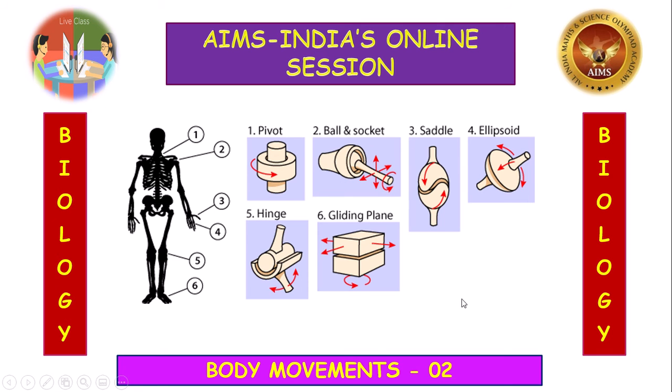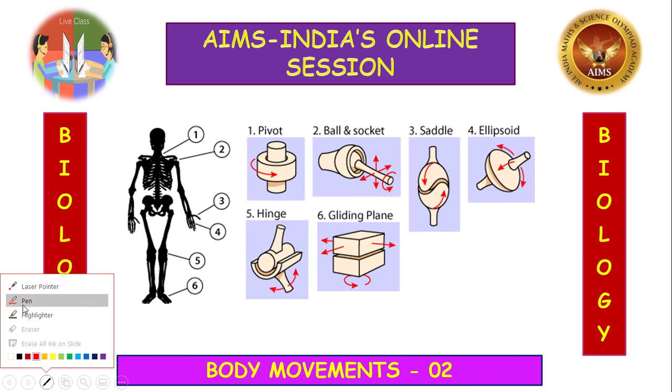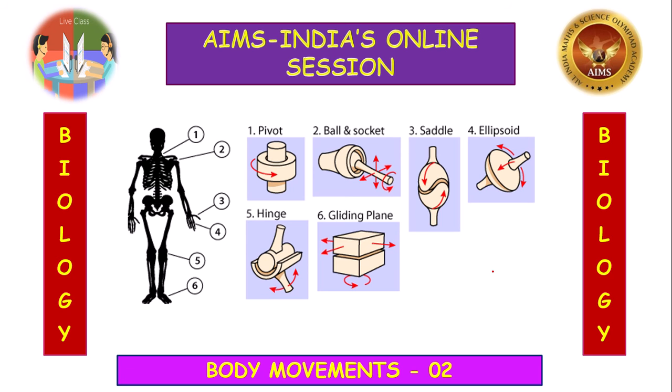Okay children, so like this we are going to discuss the different kinds of joints present in our skeleton, which make movement possible. In yesterday's class we understood that it is possible to bend a bone or a part of our body only if there is a joint. What is a joint? A joint is the place where two parts are attached together.